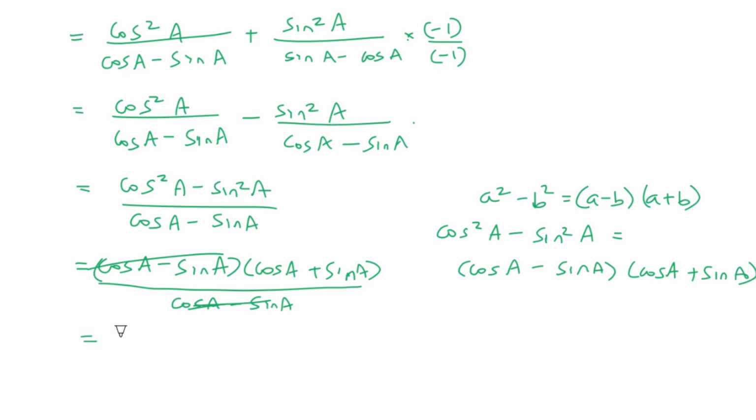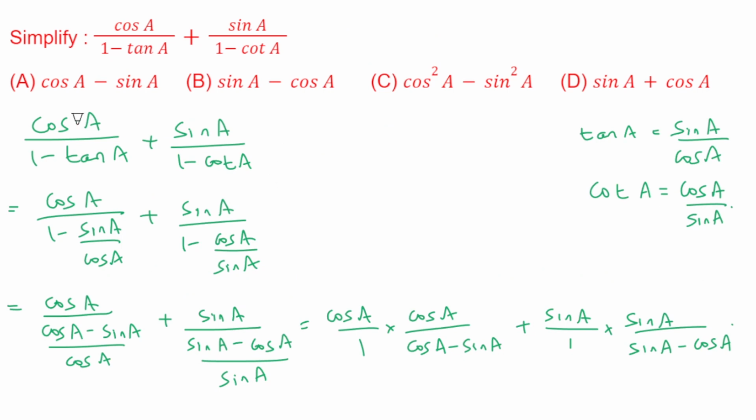We are left with cos A plus sin A. So out of these four options, option D is the right answer.